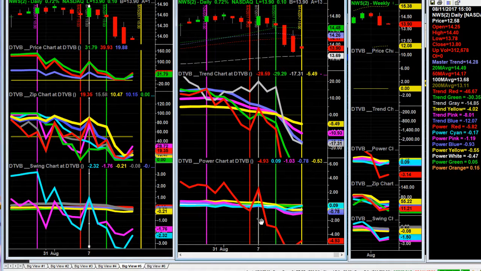Okay, and so we have a conflicting situation here in the power red. But if you relate to this or understand this, power red is not at -1 or -0.5. Power red is deep at -3, and it takes a significant amount of energy to pull it across the 0 line from a -3 position.